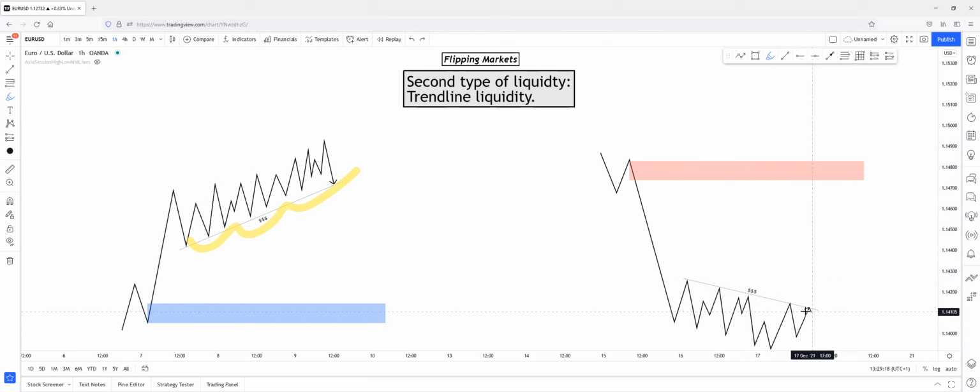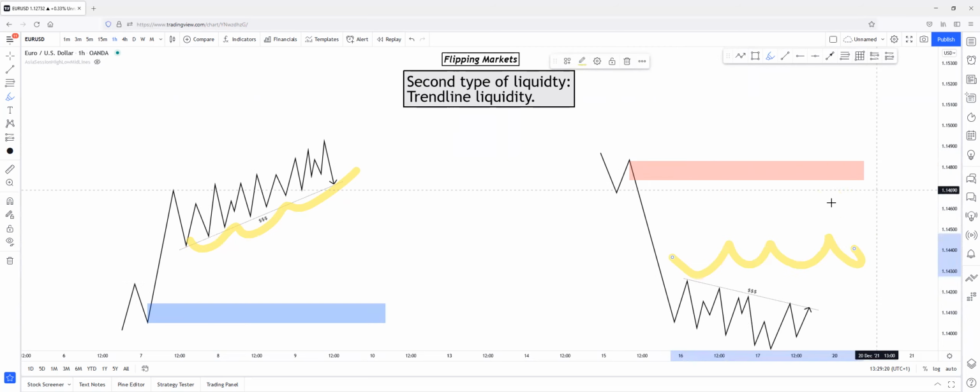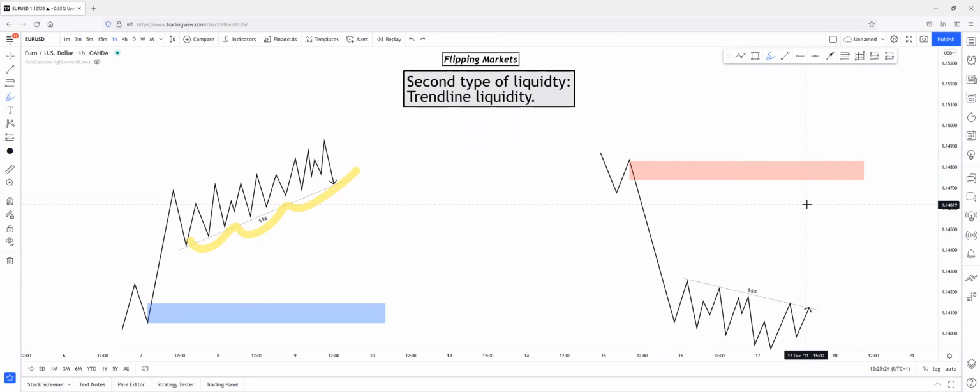We will want to wait for the sweep of this liquidity and a tap of this valuable zone, because just think about it logically. We have liquidity, it has to be swept. We have inefficiency, it has to be filled. We have an order block or supply zone, it has to be tapped. So this is a really strong confirmation, because we basically can predict the direction of the market.